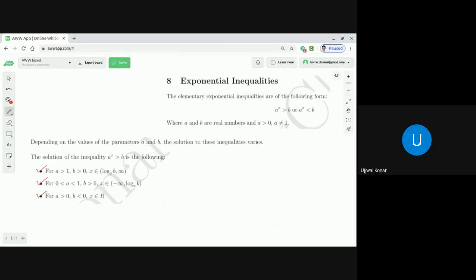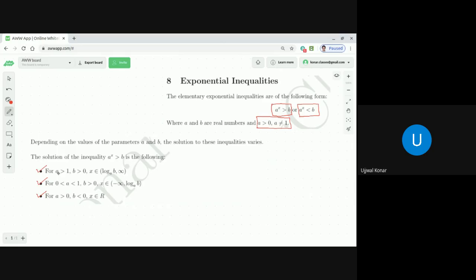I repeat, dear students, that the solution to the inequality a to the power x greater than b or a to the power x less than b depends on the parameters a and b. One restriction on a is that a should be greater than 0 and a is not equal to 1. That is the initial restriction.